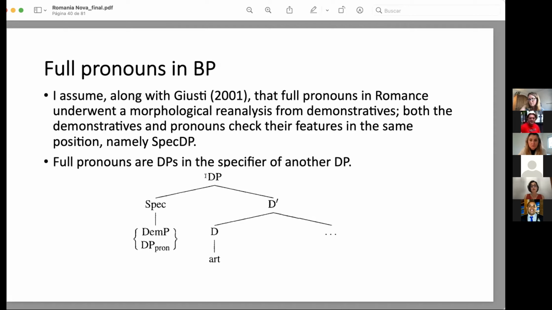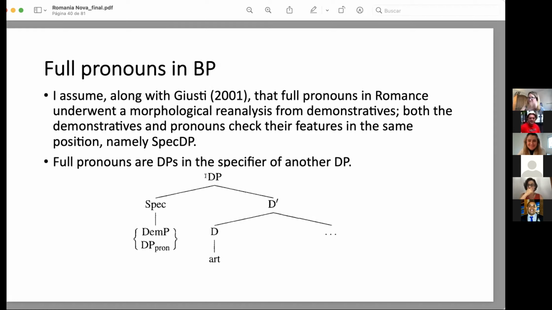But because you cannot use a null object with animates, that's why you have more plus animate full pronouns, but you can have minus animate full pronouns. But with minus animate, you can also have null objects, so you have another possibility. Okay, I see. Thank you. Thank you. Michele?